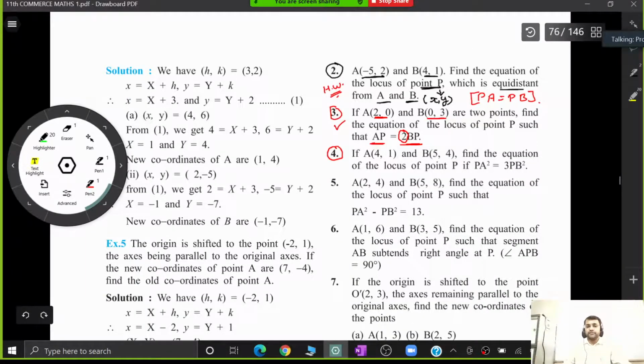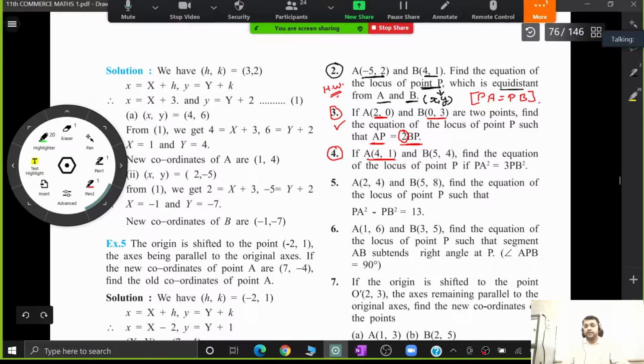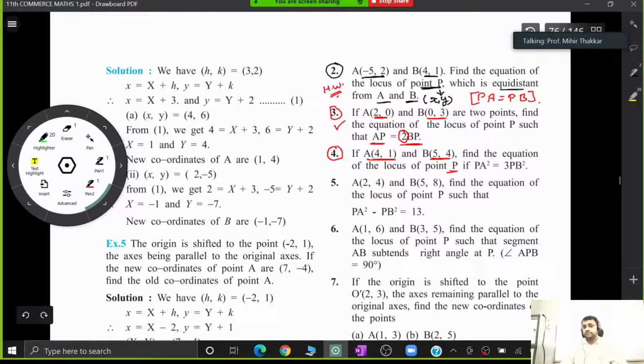Let us understand question number 4. Again over here, he has given A is 4, 1 and B is 5, 4, such that PA square is equal to thrice of PB square. Once again, we have to use the distance formula only. The only thing is that he has given us the square directly. So when you have this kind of a question, what do we do?